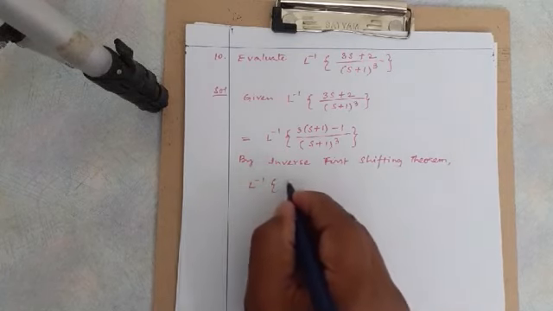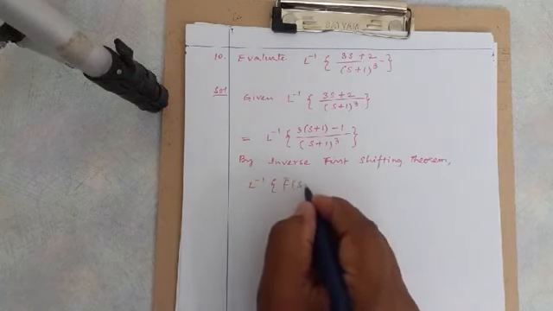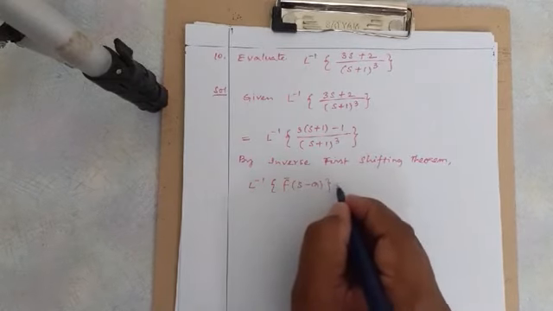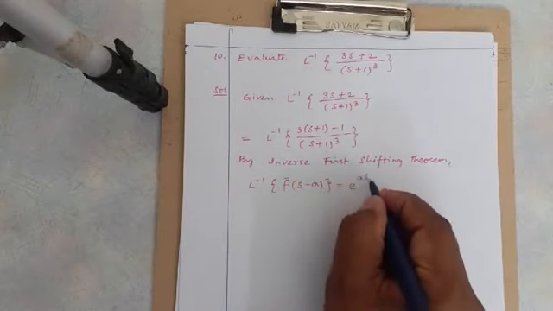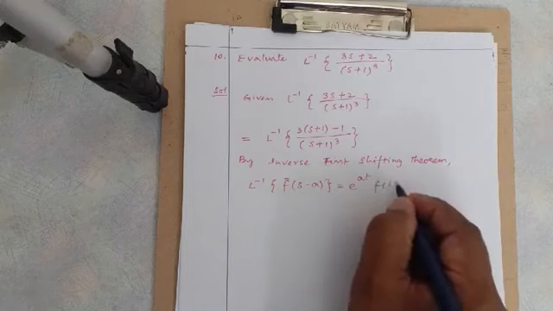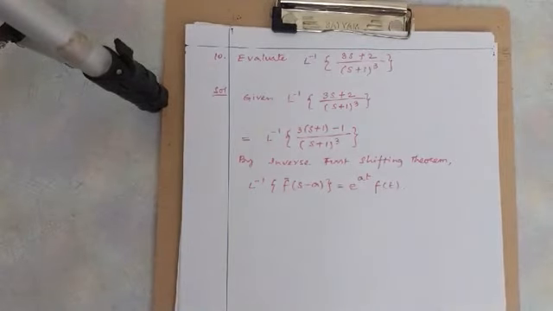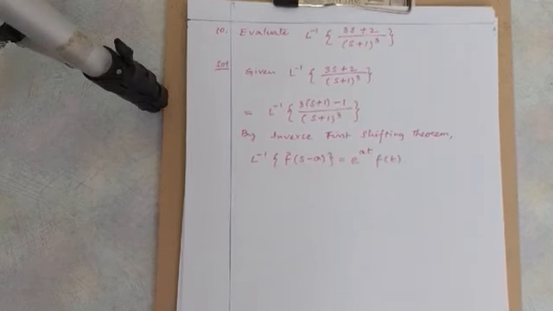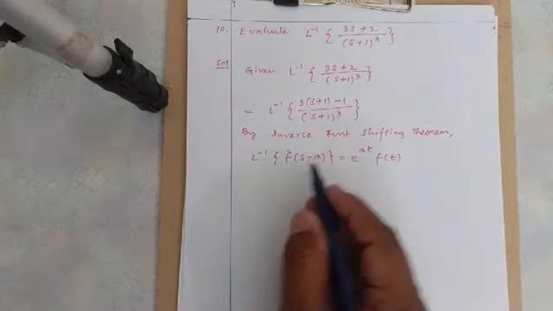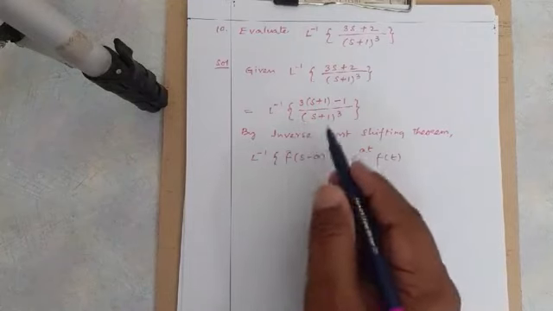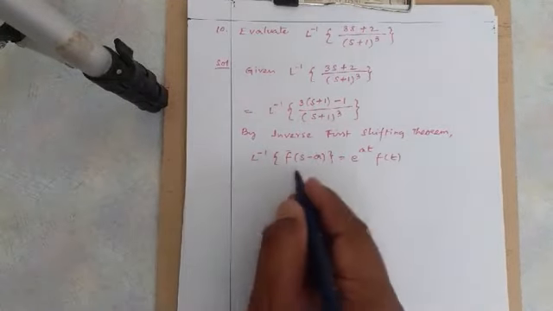L inverse of f bar s minus a is equal to e power at into f of t. This is the first shifting theorem in inverse Laplace transforms. So now you can see whatever form you have is in the form of this one.